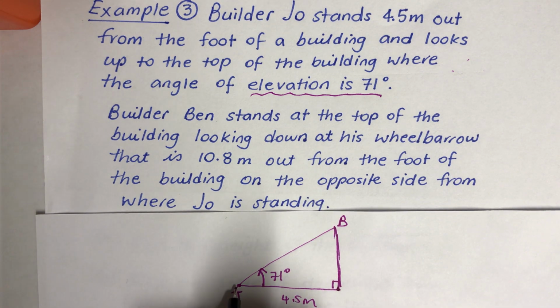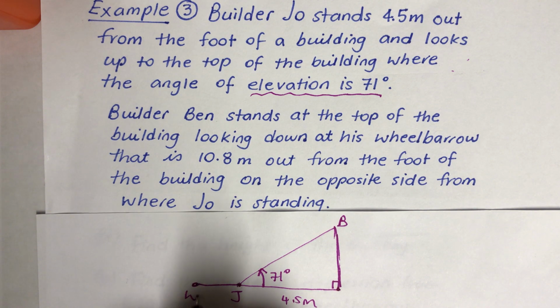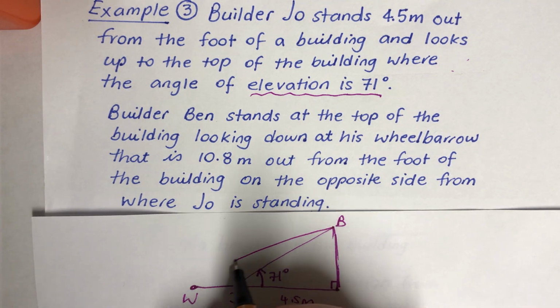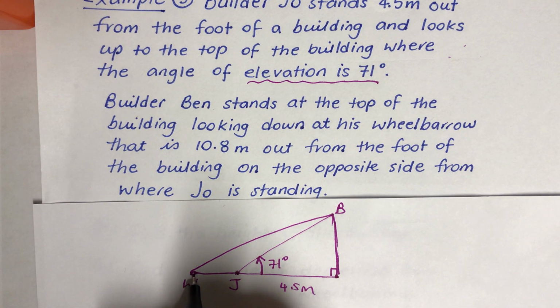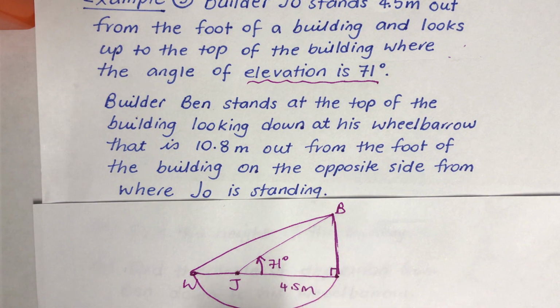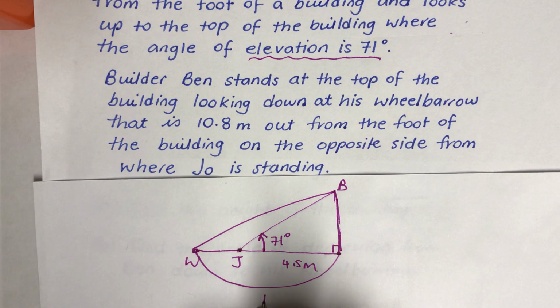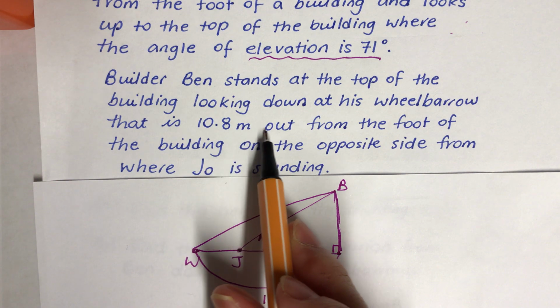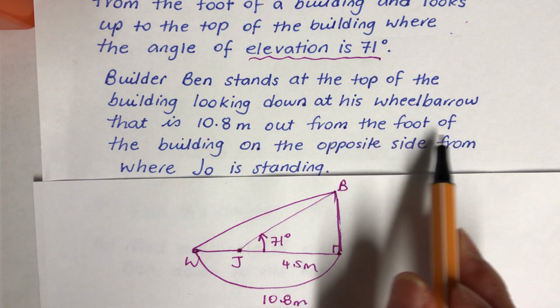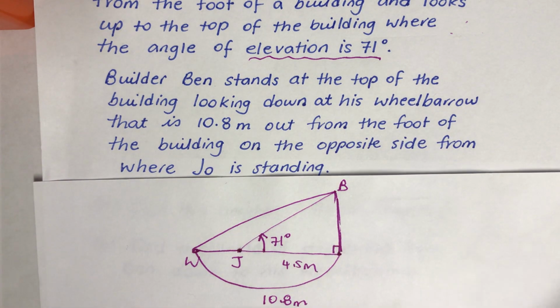Joe is standing here, so the wheelbarrow will be here, W. Then I'm going to match up here like that. And this part is 10.8 meters, because it says 10.8 meters out from the foot of the building to the wheelbarrow. Okay, so I think we've got everything we need.